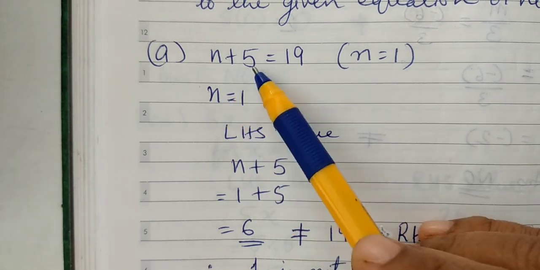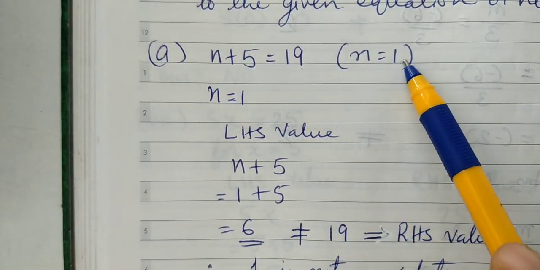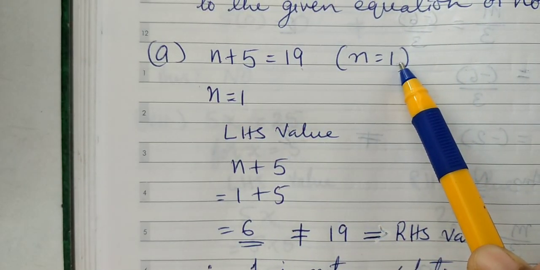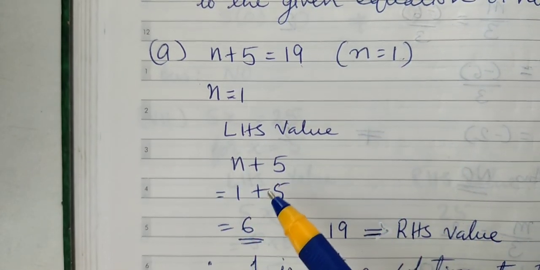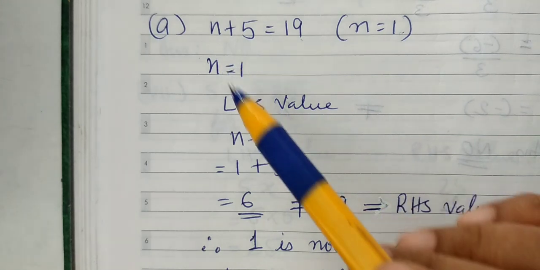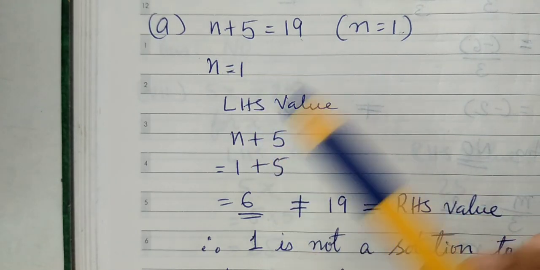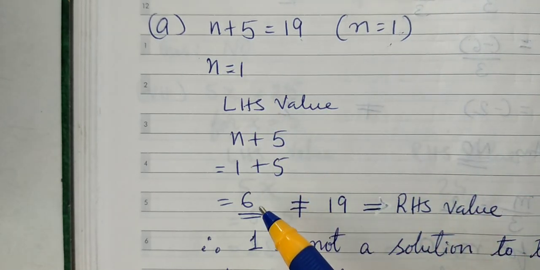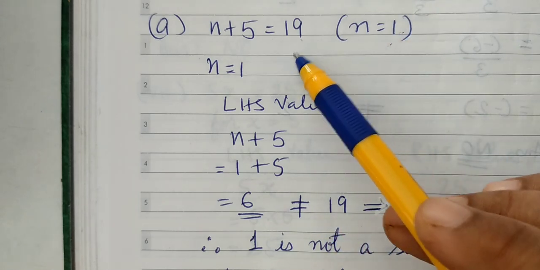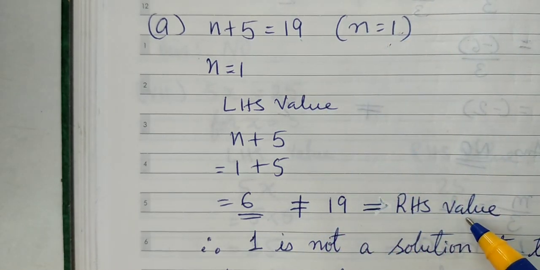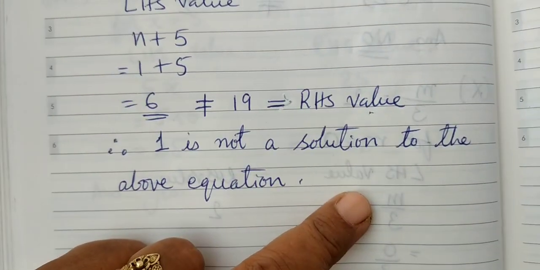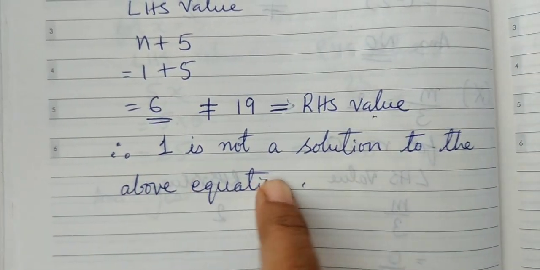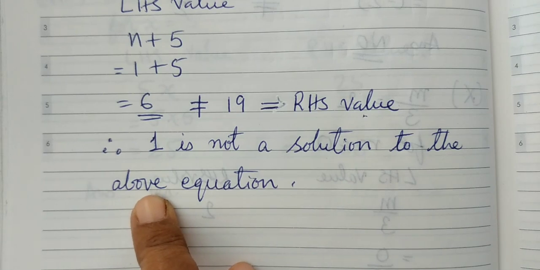First sum, n plus 5 is equal to 19, where n is equal to 1. On taking 1, are we getting 19? Let's check it. So LHS value n plus 5, in place of n you write 1. 1 plus 5 is equal to 6, which is not equal to 19, which is the right hand side value. So what will you write? 1 is not a solution to the above equation.